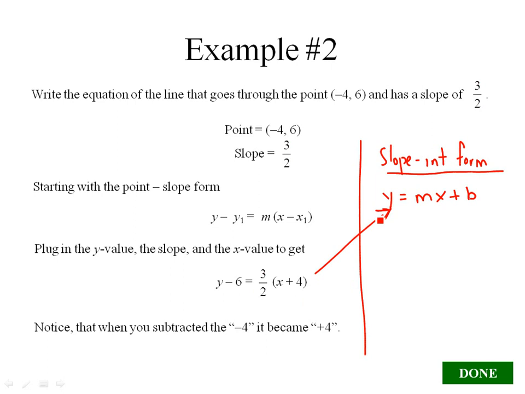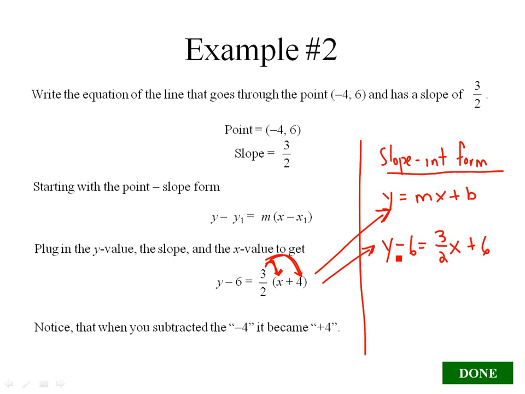Now normally in this format, I will go ahead and multiply, what we call distribute, 3/2 times x plus 4. And we will get y minus 6 equals 3/2 x. And if you multiply 3/2 times 4, you will get 12 over 2, which is 6.